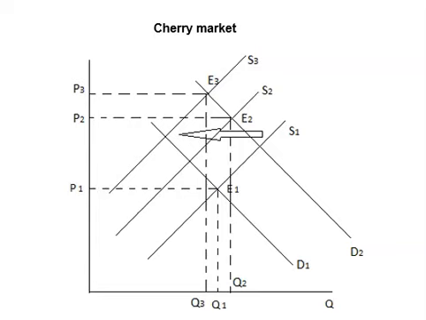At E3, the new equilibrium price is P3 and the equilibrium quantity is Q3. While the price appears to keep increasing no matter what, the equilibrium quantity now has decreased. Q3 is smaller than Q1, the original quantity.